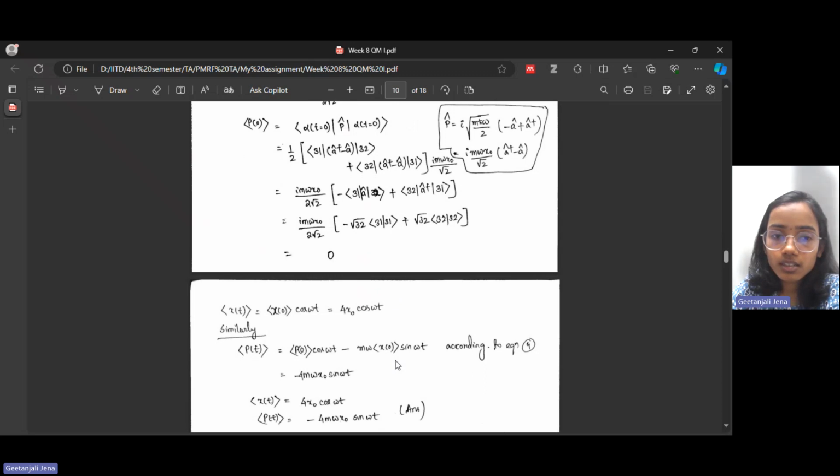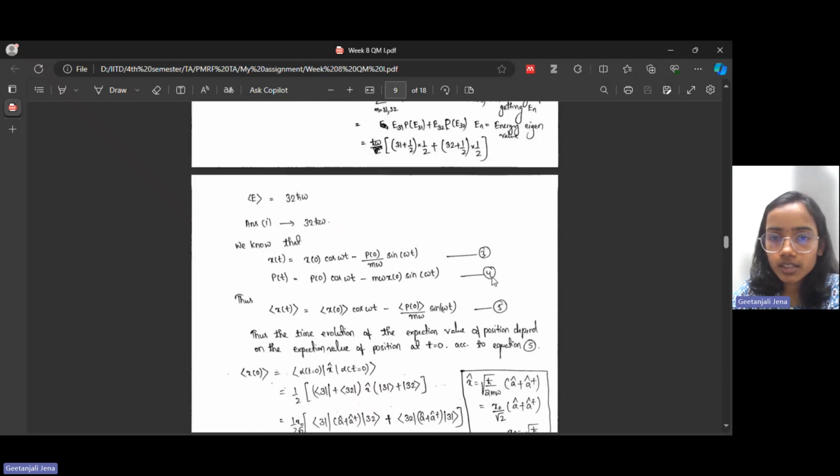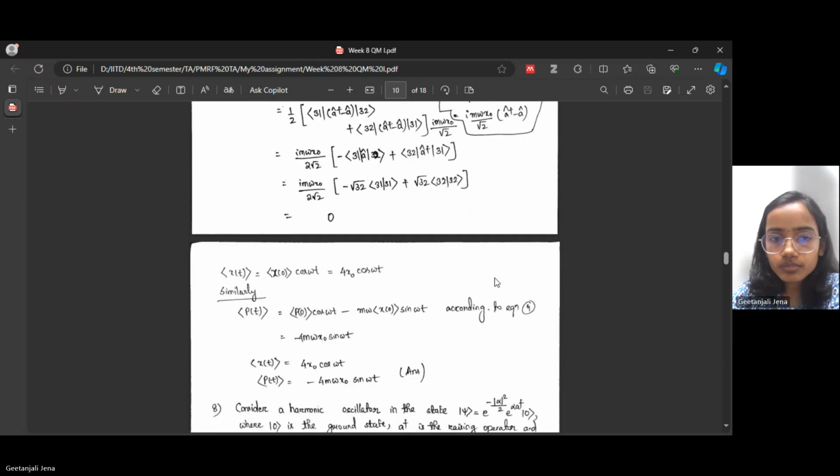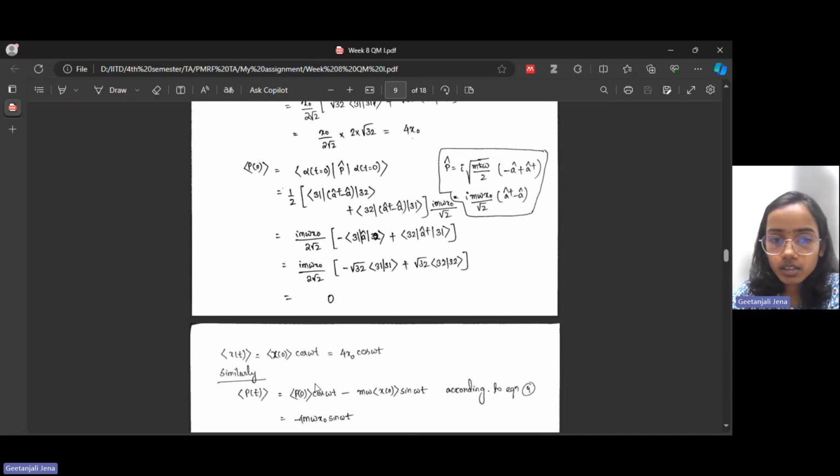Now, for the second part, the expectation of the momentum operator will be given by the fourth equation. It will be equal to the expectation of p0 cos ωt minus mω times the expectation of x0 sin ωt. You already calculated the expectation of momentum at time t equal to 0, which is 0. So the first term will be 0, and only the second term will remain.